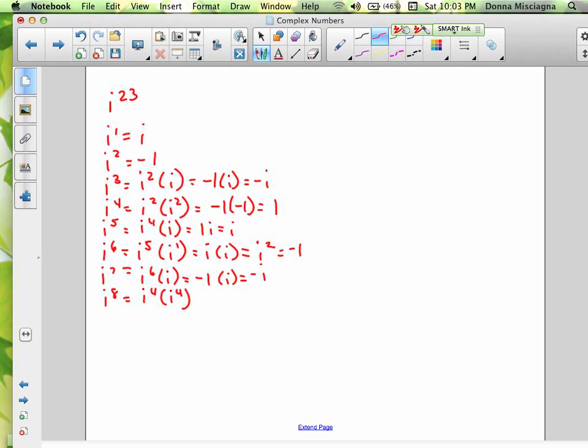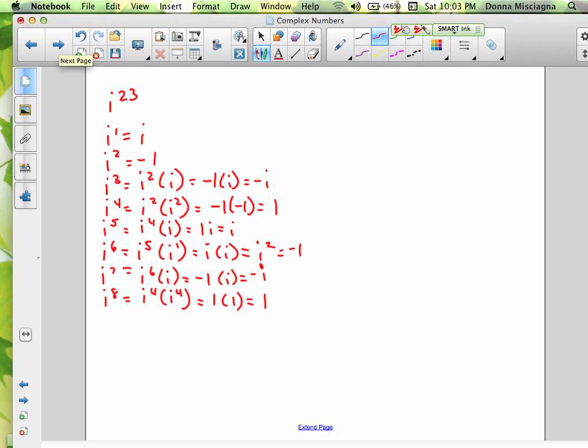Or I could take i to the seventh times i to the first, or i to the sixth times i squared, or i to the fifth times i cubed. Either way, it's going to be i, -1, -i, 1. i, -1, -i, 1, sorry, that dot is kind of small.